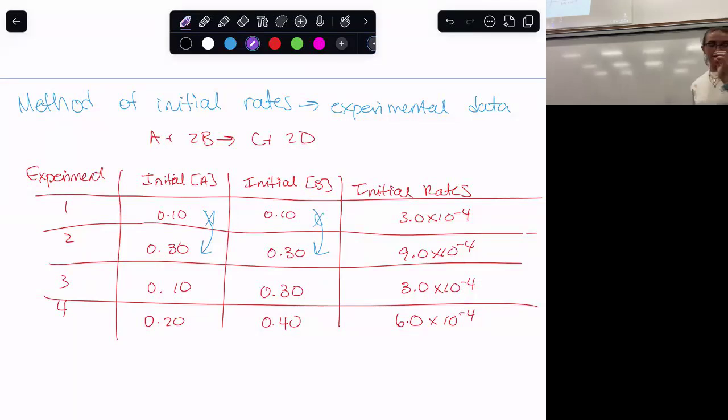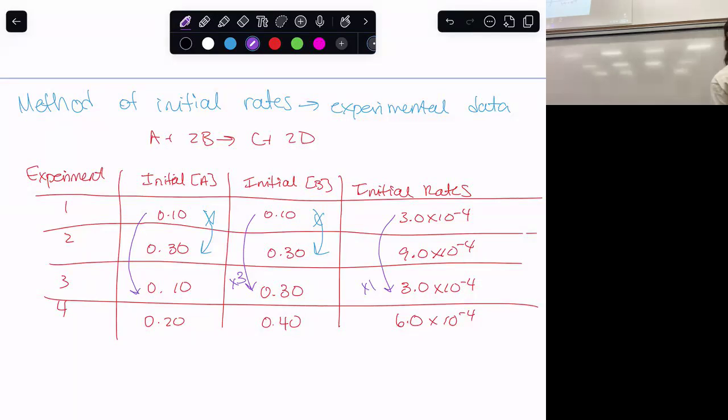But if we look at, let's say, 1 and 3, we see that if we hold A at the same concentration, we don't change the concentration of A, but what do we do to B? We triple it, right? So this goes times 3. What happens to the initial rate as we go from 1 to 3? Nothing, right? So this says times 1.